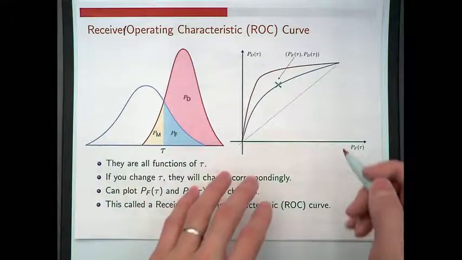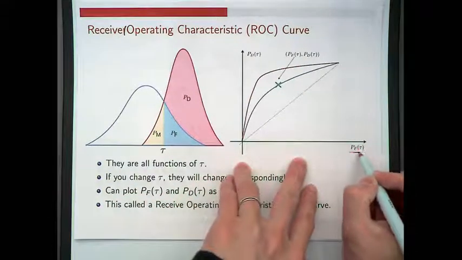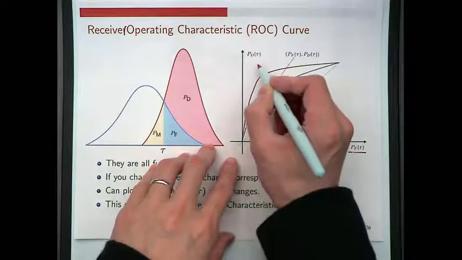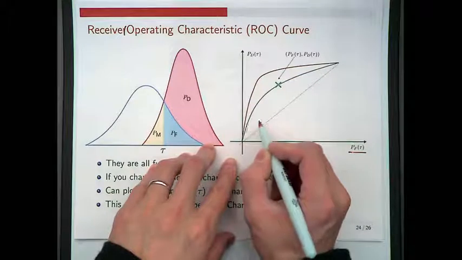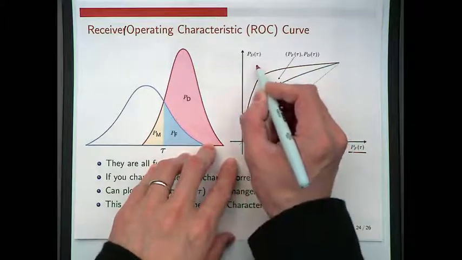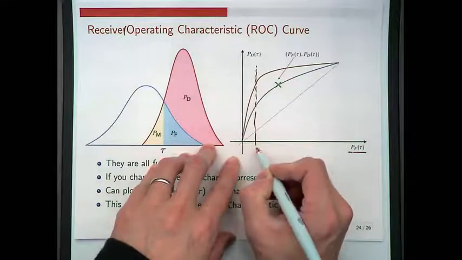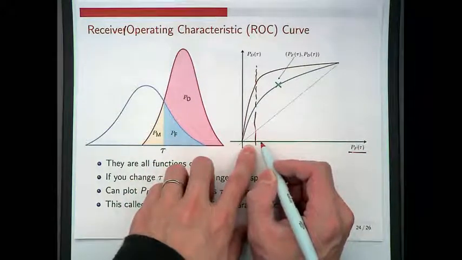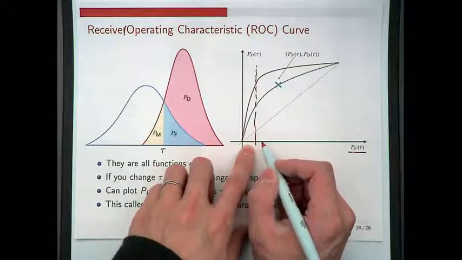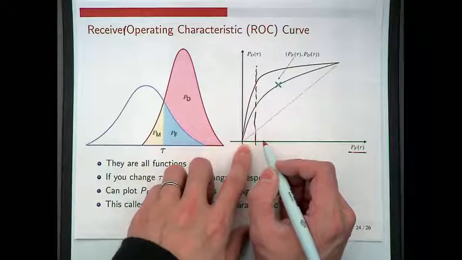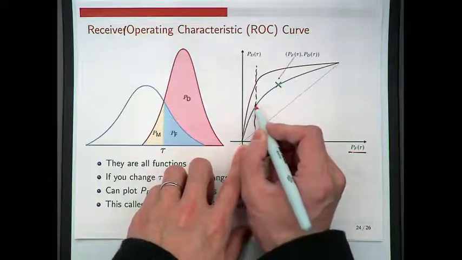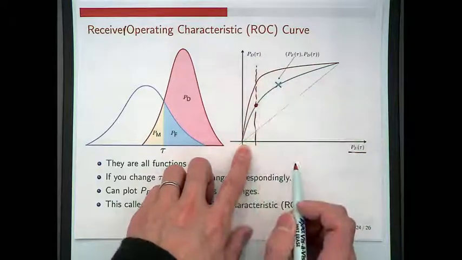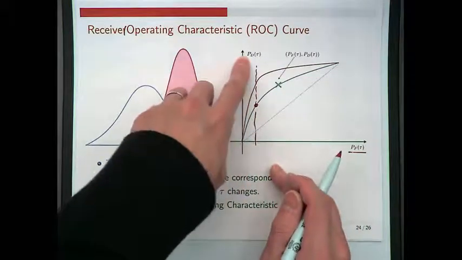Say I want to cap the false alarm rate at this level. This is the maximum false alarm rate I can tolerate. Don't give me more false alarms. Then what would be the best operating point? Well, it would be this point, because you want to maximize your detection. You always want to maximize your detection.